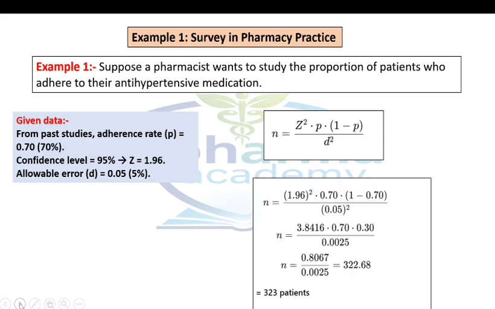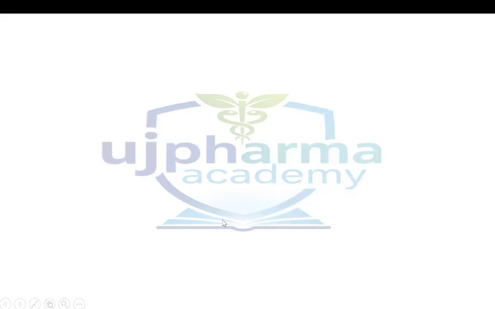You have to calculate there. In that, n is equal to, you put the values into the given formula, then calculate how many patients are required. This is an example of sample size analysis.